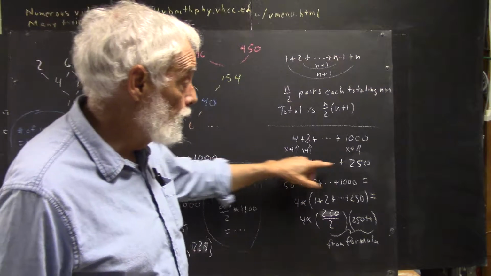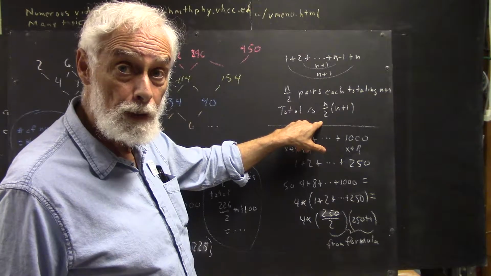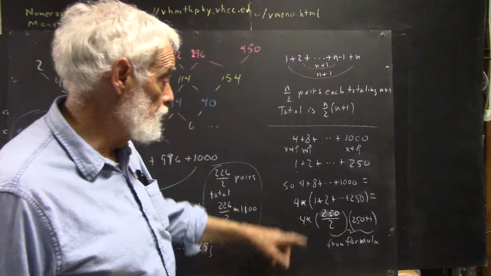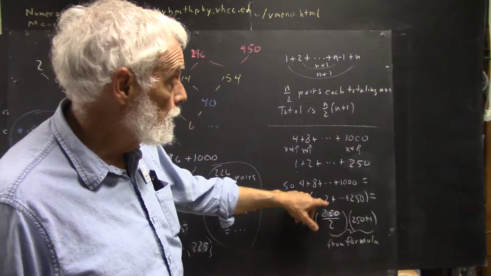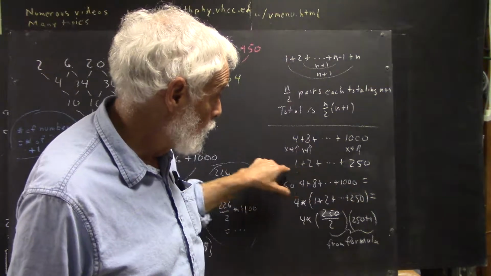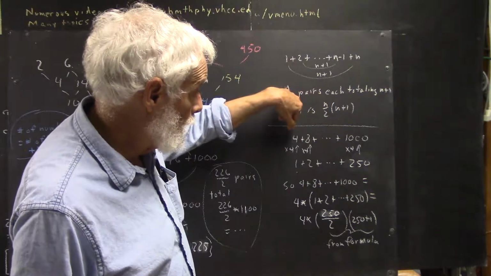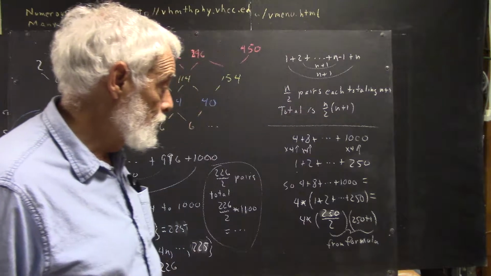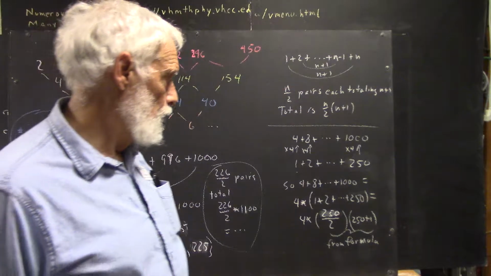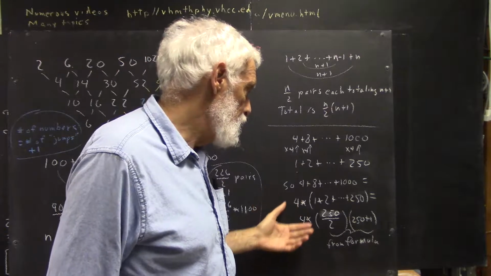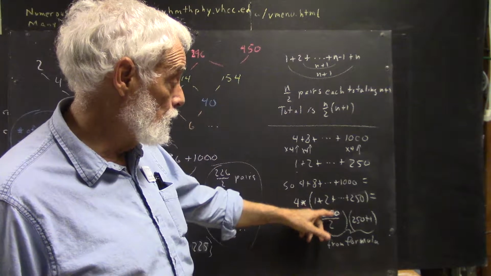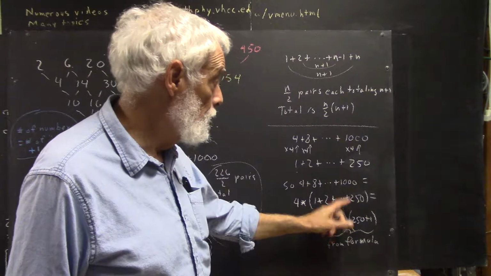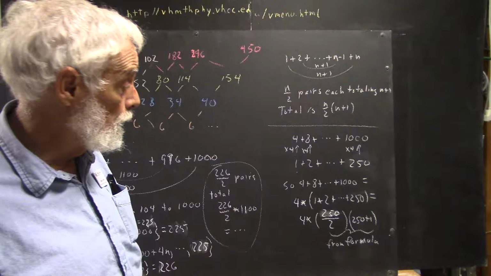So that if you were to add these numbers up, which you could do using this formula, and then just multiply by 4, you would get the sum of these numbers. So you could say this is 4 times the sum 1 plus 2 up to 250. 4 times this sum is this sum because you have the same numbers here but multiplied by 4. And that, if you just use the formula, is 4 times 250 over 2 multiplied by 250 plus 1 from the formula. So the formula can be quite useful.